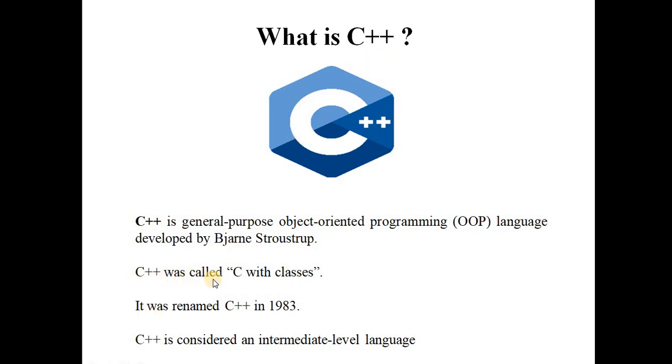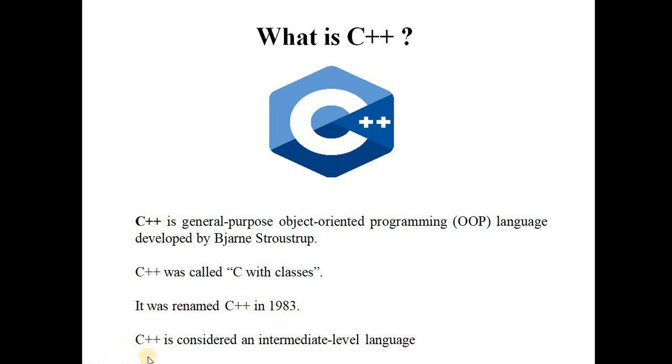C++ was called C with classes because it has all the same features of the C language with an extra feature, that is class and object. Previously it was called C with classes, but it was renamed C++ in 1983.